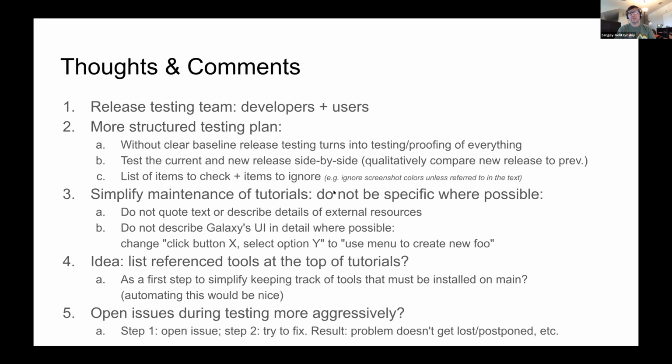So what I'm thinking is maybe it will make sense next time to just aggressively open issues the moment they occur, and for the team to be prepared that when we do release testing, there will be a flood of minor issues, major issues, and whoever knows how to fix them, just pick them up and fix them.